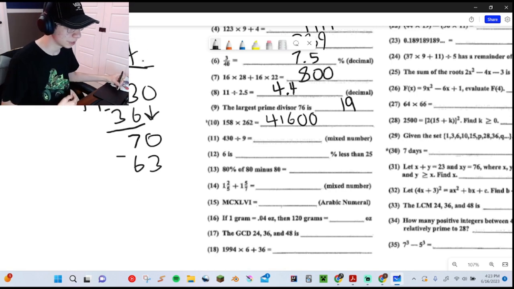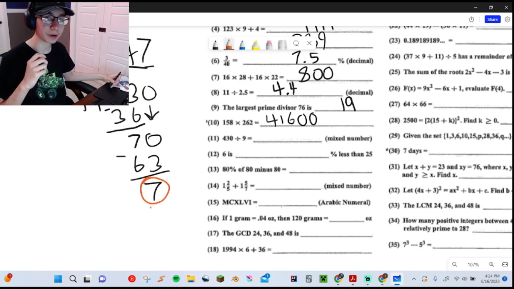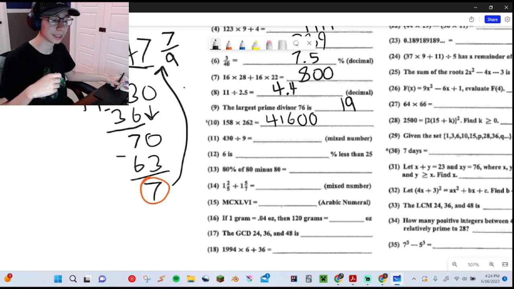If I write the 7, and this difference is going to be 7. And now, this 7 is my remainder. So the way I can express it here is by doing 7 over 9, like that.